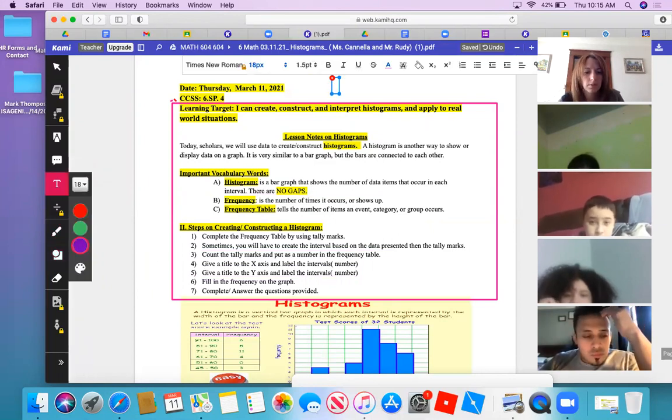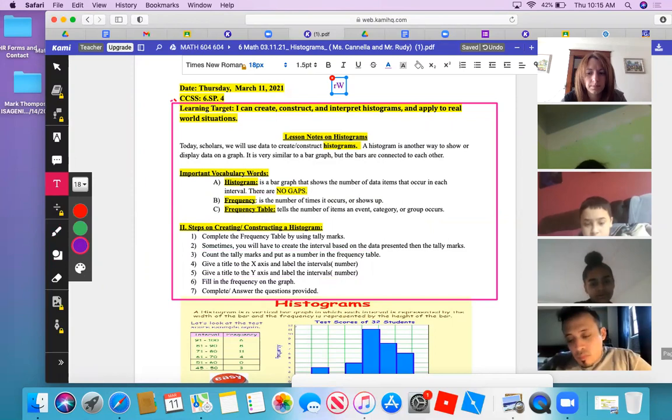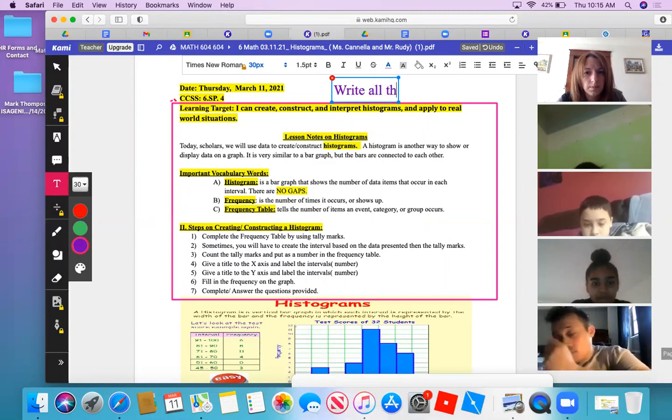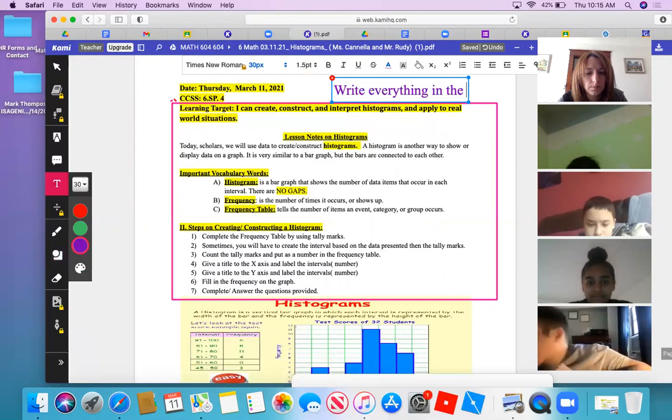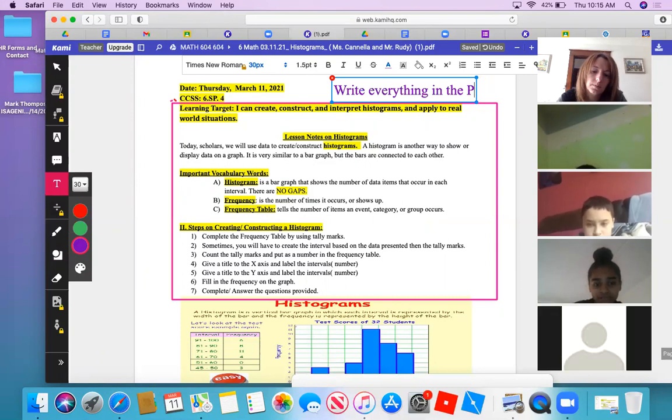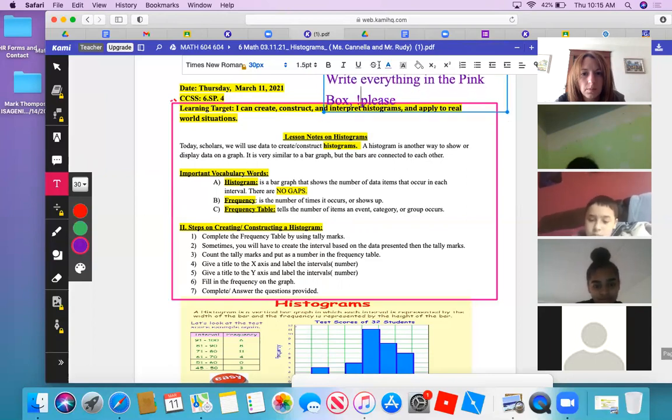Learning target: I can create, construct, and interpret histograms and apply them to real-world situations. Lesson notes on histograms. Today's scholars will use data to create and construct histograms. A histogram is another way to show or display data on a graph. It is very similar to a bar graph, but the bars are connected to each other.